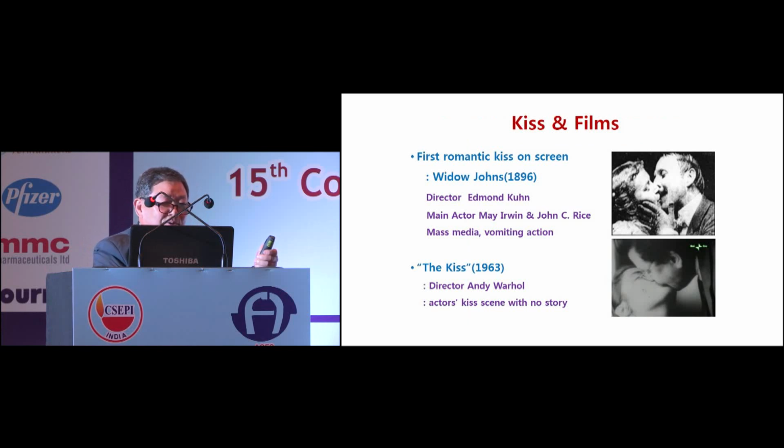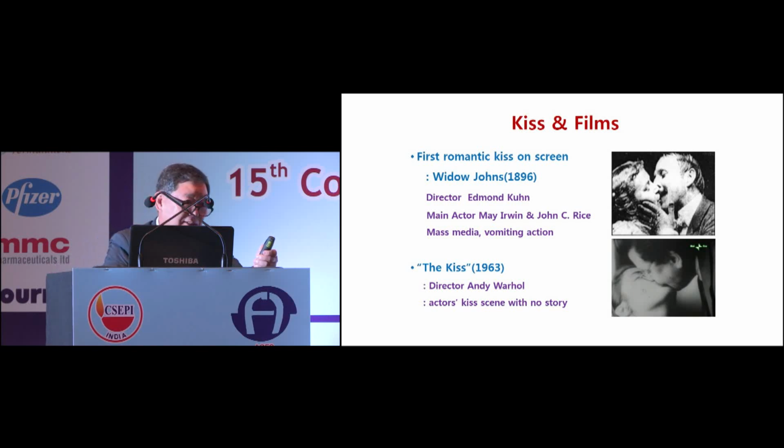The first romantic kiss on screen was shown in Widow Jones, 1896, directed by Edmund Kuhn. The main actors were Mary Owen and John Rice.